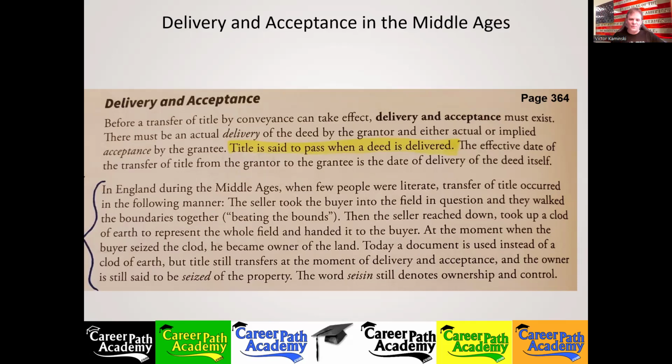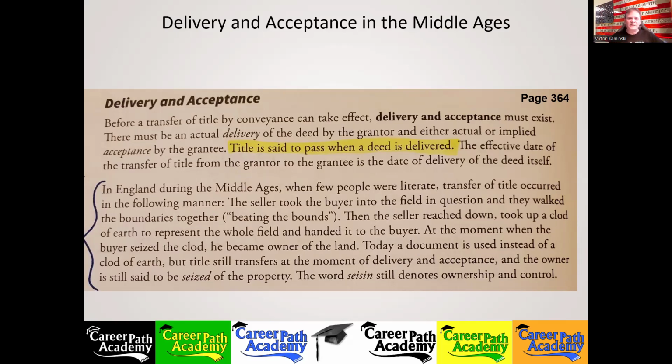and close your eyes and just listen to the story that describes how the transfer of ownership took place in the Middle Ages when people were illiterate. That means they didn't know how to read or write. How can you transfer the ownership of real estate if it's not on a piece of paper, because people don't know how to read or write?